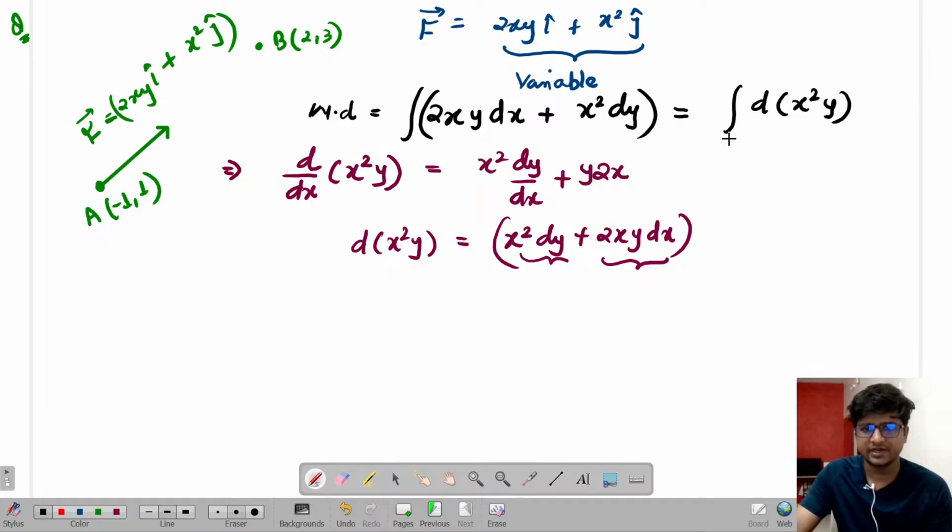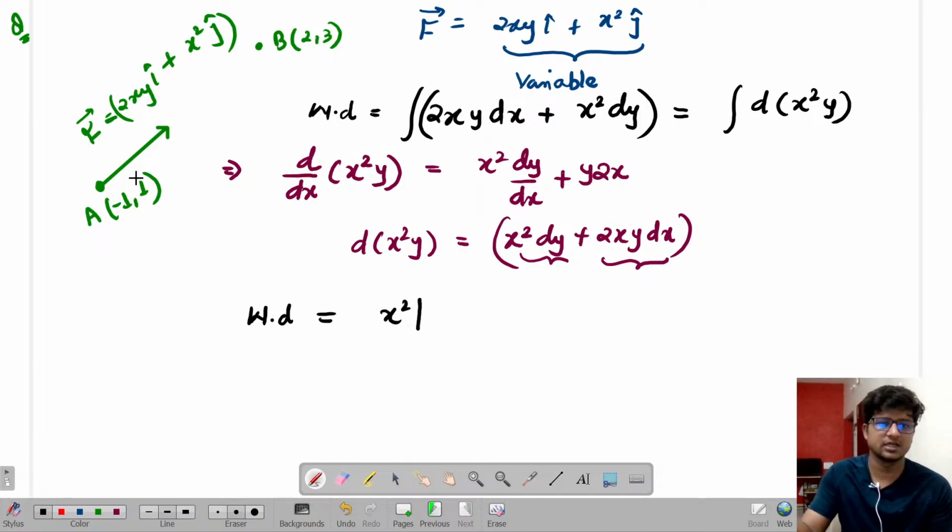You know that if I take integration of differentiation, basically nothing will happen, it will just cancel out. So work done is simply equal to the variable x square y. Now, if you look into that, I'll take the limits. x is taken from -1 to 2, and y is taken from 1 to 3.